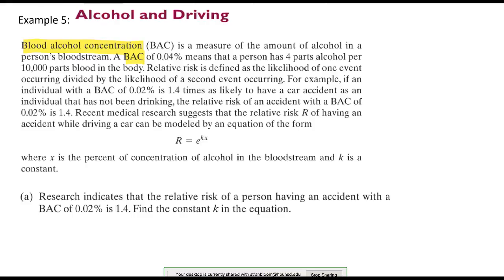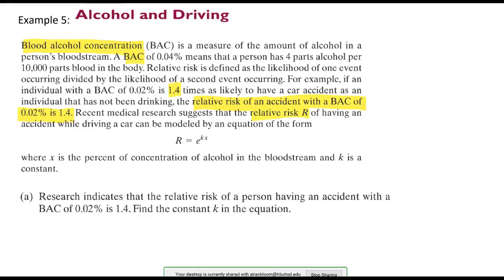So this is after you have found the answer, then this is reading the answer to it. The relative risk of an accident with a BAC of 0.02 is 1.4.